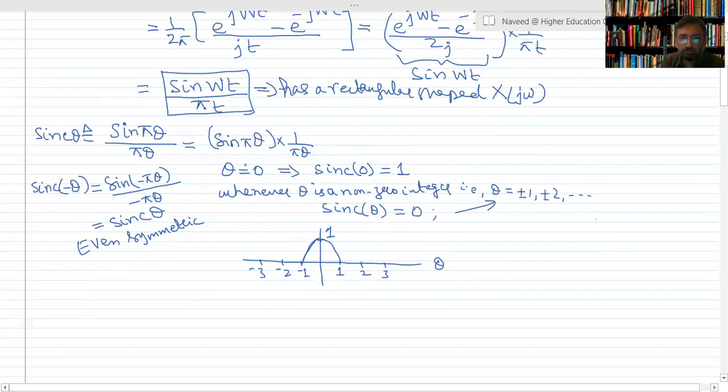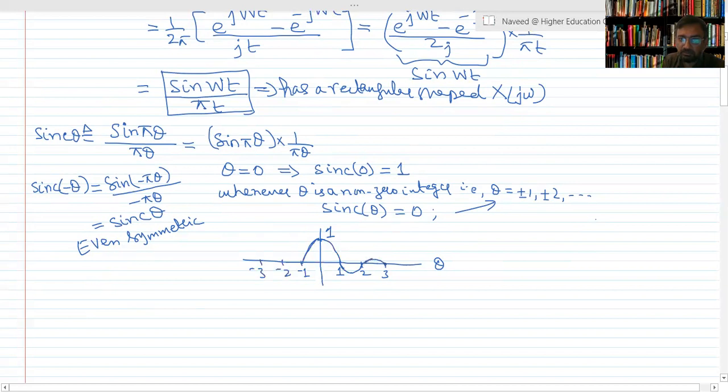Between 1 and 2, when theta is greater than 1, in the numerator we have this argument which is greater than pi, and therefore the sign of this function between 1 and 2 is negative. And because of this scaling in the denominator by theta, as the values of theta grow large, the magnitude decreases.